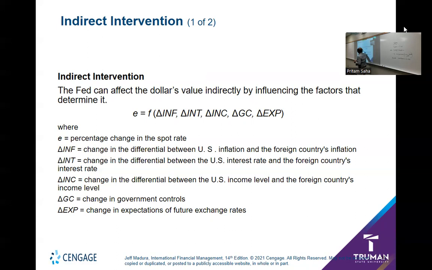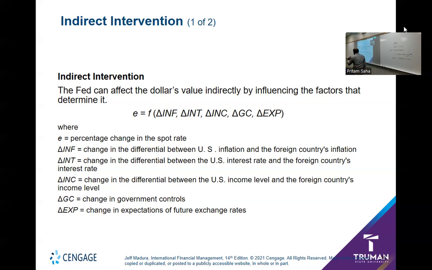Inflation, interest rate, income level, government control, and expectations. Sometimes government tries to control inflation. That has a direct impact on the exchange rate, right? Sometimes they try to control interest rate, income level, that has an impact on the exchange rate, right?